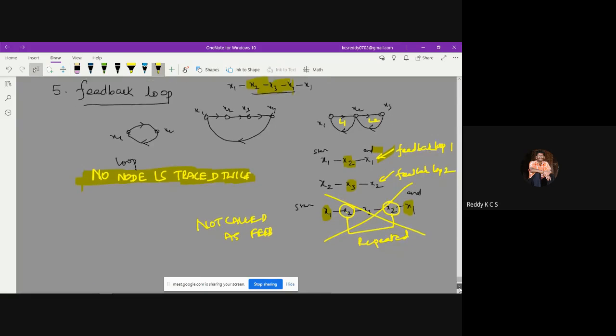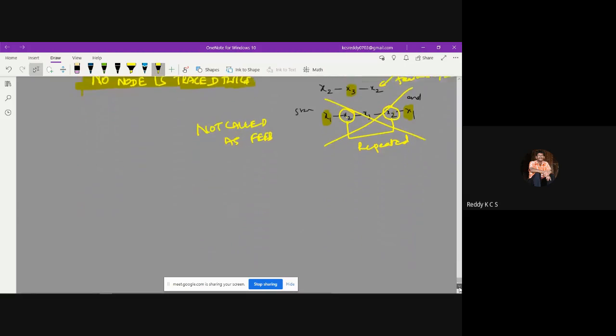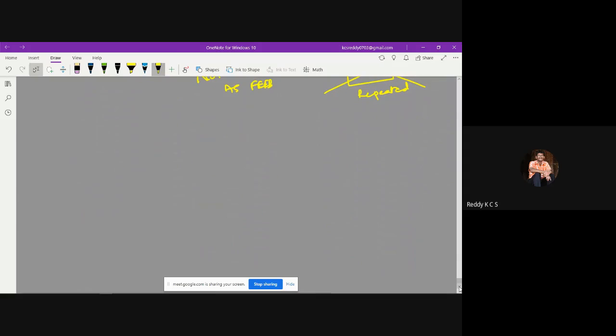Now, coming to one more terminology, the sixth one, which is the self loop. What is called a self loop? This is also a feedback loop.